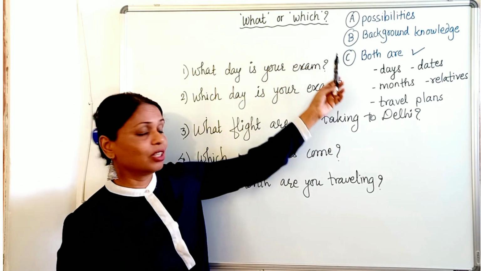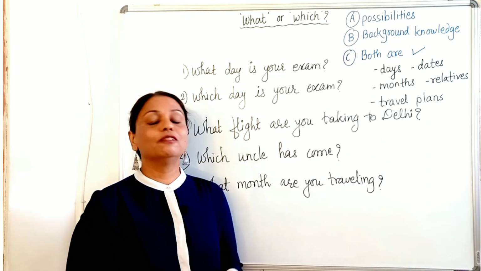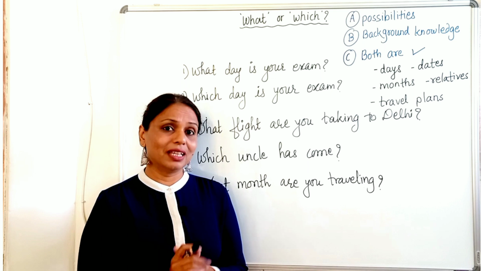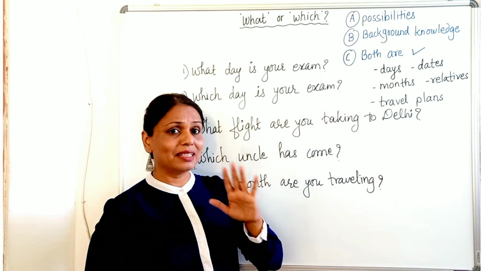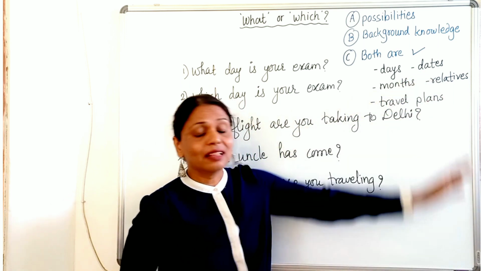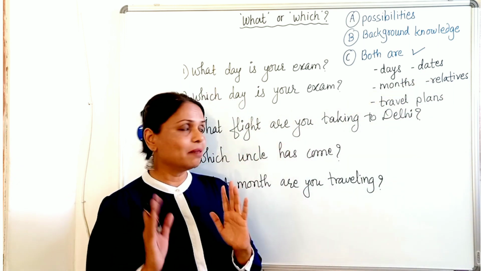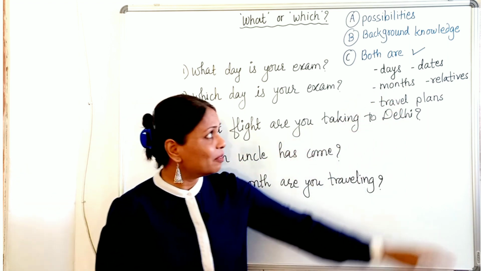What and which can both be correct in these cases. We should know that basically there are limited choices in some cases. Like for example, days. There are only 7 days in a week. Dates. There are only a limited number of dates in a month. Months. There are only 12 months in a year.